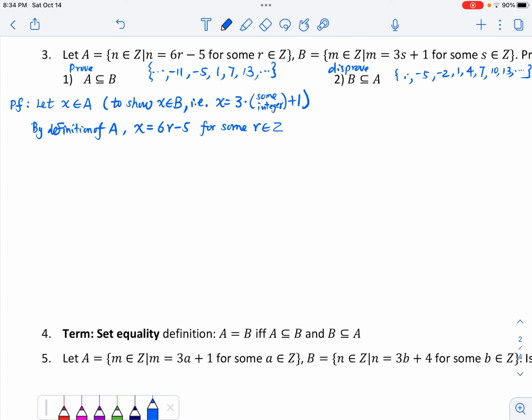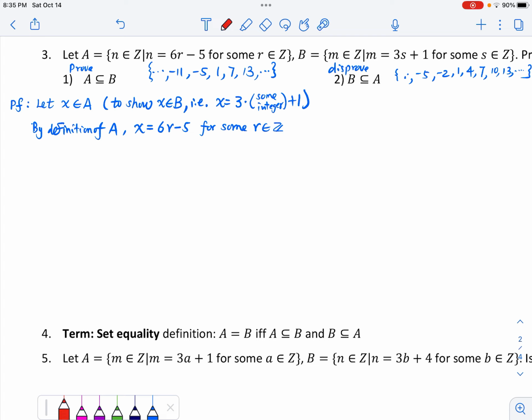That's because of the definition of A. Now, again, this is my goal. I want to say this x, which is 6r minus 5 for some r, can be written as 3 times some integer plus 1.